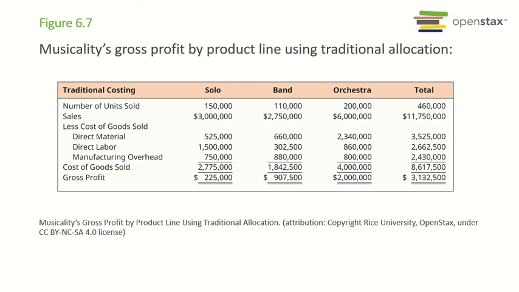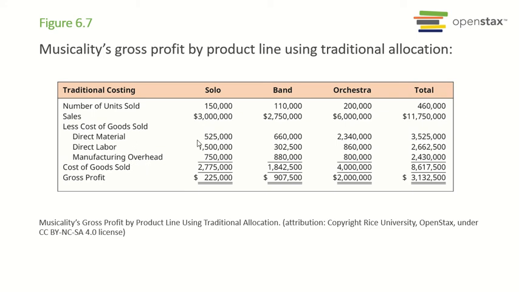This is the gross profit by product line using traditional allocation. So let's look at solo. The number of units sold is 150,000 units. The total sales is $3 million. So the cost of goods sold has three parts: direct material, direct labor, manufacturing overhead.